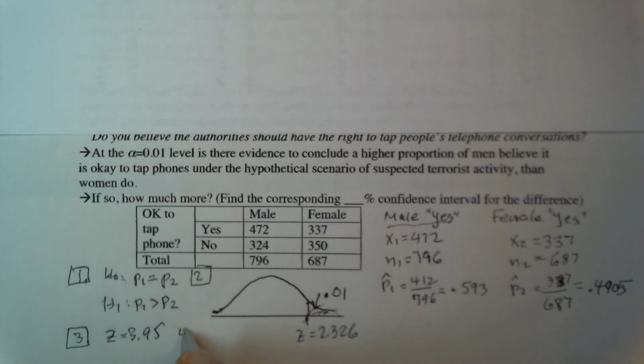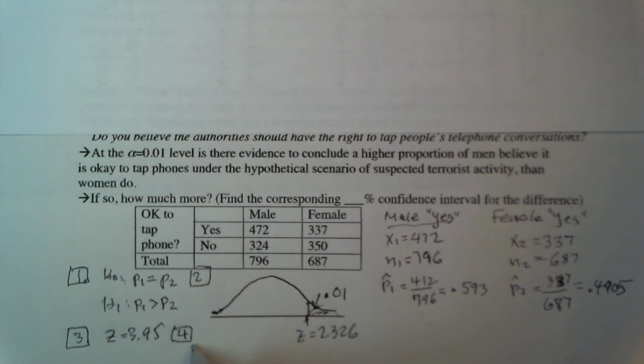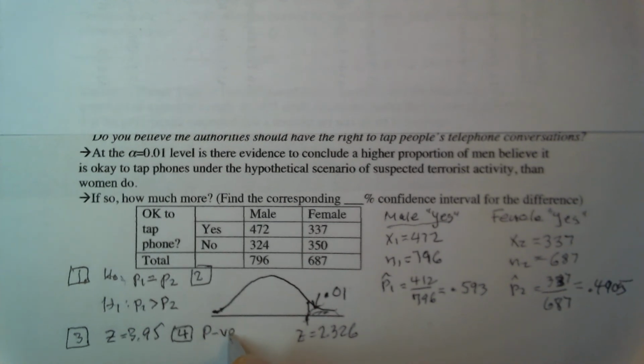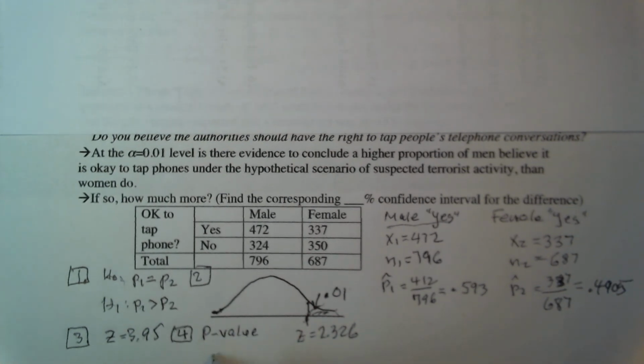And then our p-value turned out to be less than 0.0001. So you look at the table, and we agree that for that kind of a Z test statistic, our p-value is basically 0, but since it cannot equal 0, we make it less than 0.001.